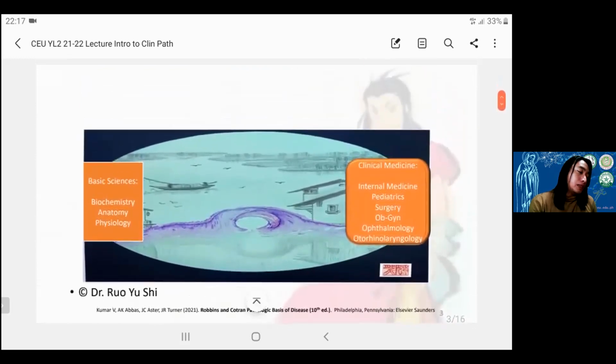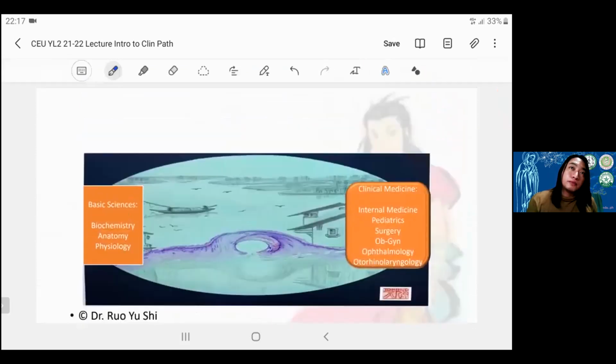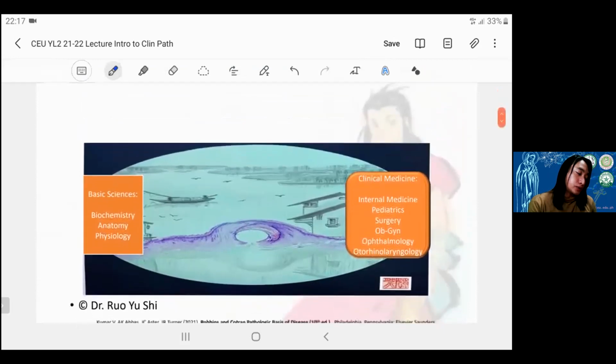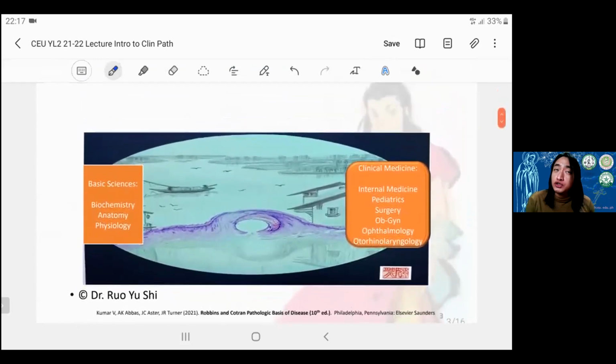And before we begin, I would like to re-emphasize what Dr. De La Fuente mentioned in his lecture during the introduction to pathology. So basically, pathology serves as the bridge of basic sciences into the clinical practice. And I think this art really captures that concept.